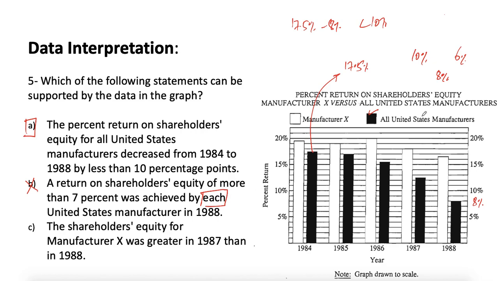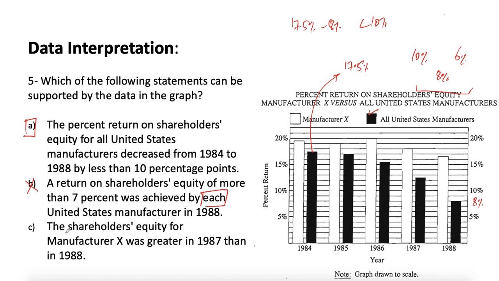The question says each manufacturer has more than 7%, but we have considered one scenario and proved that wrong. If we consider, for example, only two manufacturers, one getting 10%, another getting 6%, the average becomes 8%. So that's why this is not possible.